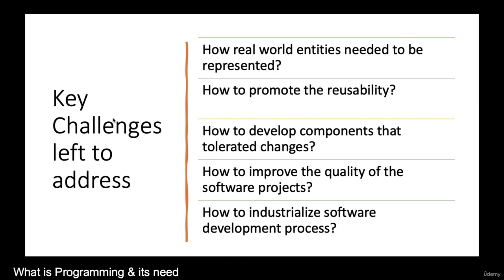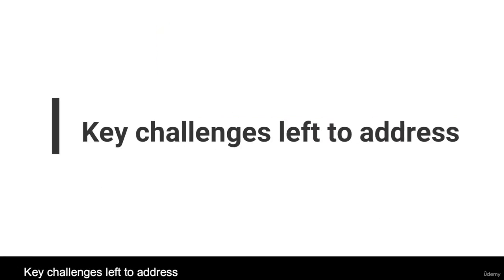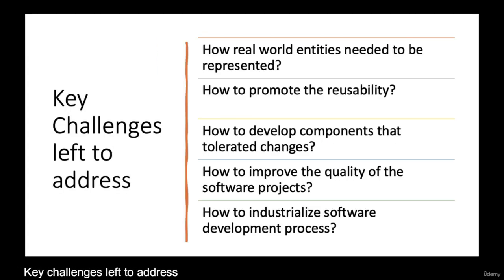Now, let's see what the key challenges were which programmers had when they had to create good software. Software is a program itself, or a collection of multiple programs that helps to do a particular task in a computer. These were the key challenges that the initial programmers had while they wanted to create good software. They were confused about how they could represent real world entities.